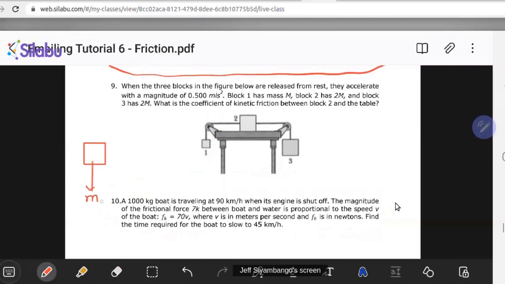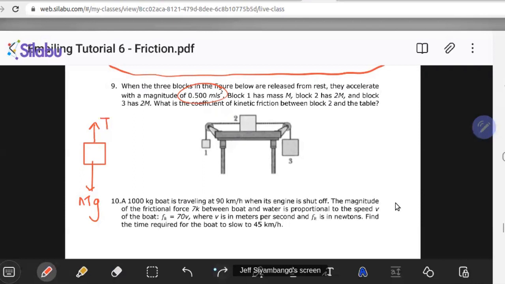Block 1 has mass m, so the weight will be mg, and holding it up will be the tension T. Because the pulleys here are assumed to be massless and frictionless, the tension along this string will be the same up to that side. So if this is T, I expect this to also be T here.